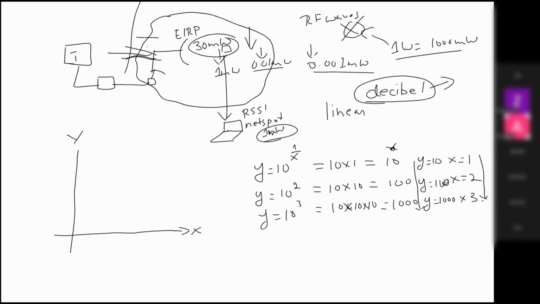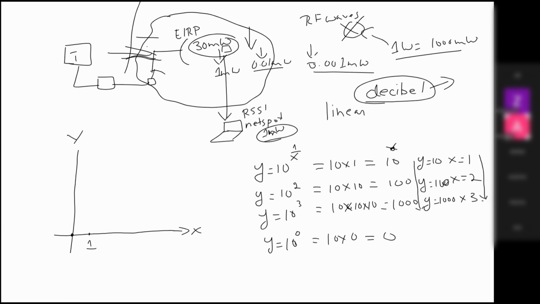On the x-axis, if I keep it 0 here, y is equal to 10^0, that is, anything to the power 0 is 1, so the dot is here. Now the x value is 1. When the x value is 1, the y value is 10, so I write it down here.